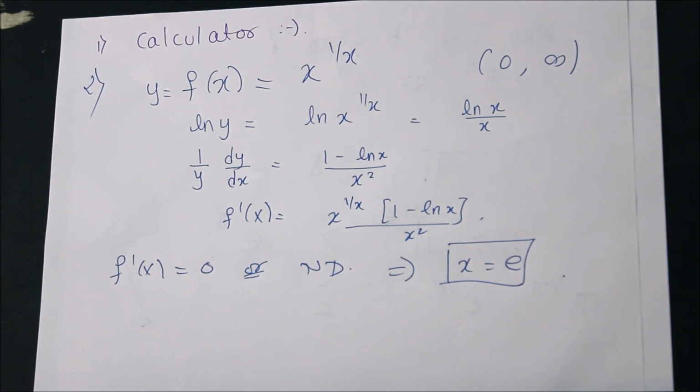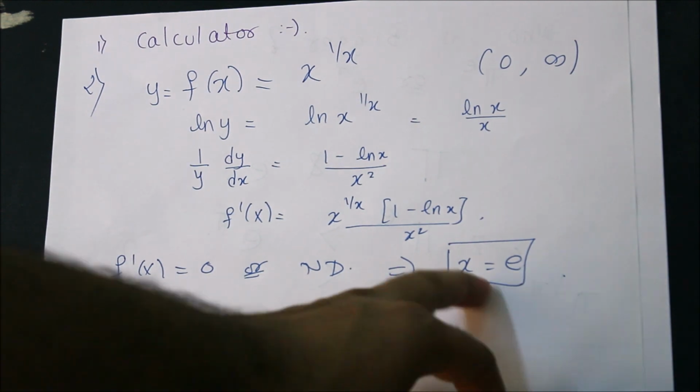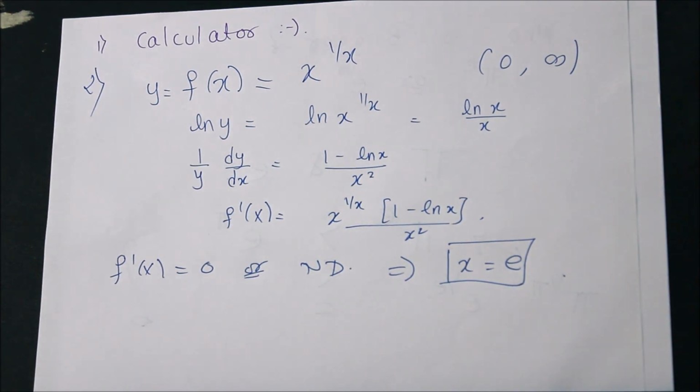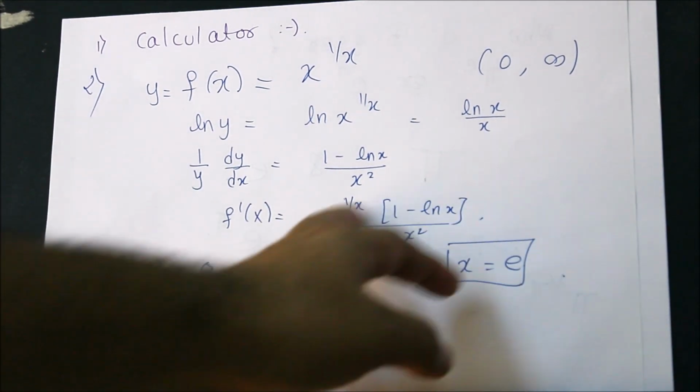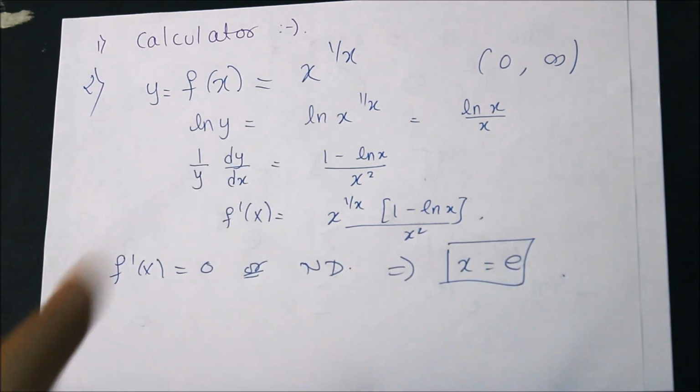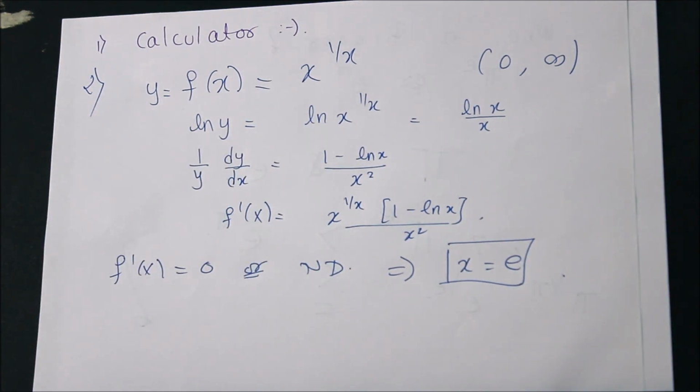Okay, now once you have a critical point, you see whether at point e you have a maximum or a minimum. There are two ways to check this: one is by first derivative test and one is by second derivative test. I won't be going by the second derivative test because this is not a good looking function, and taking the double derivative will involve a lot of work. So let's go by the first derivative test.